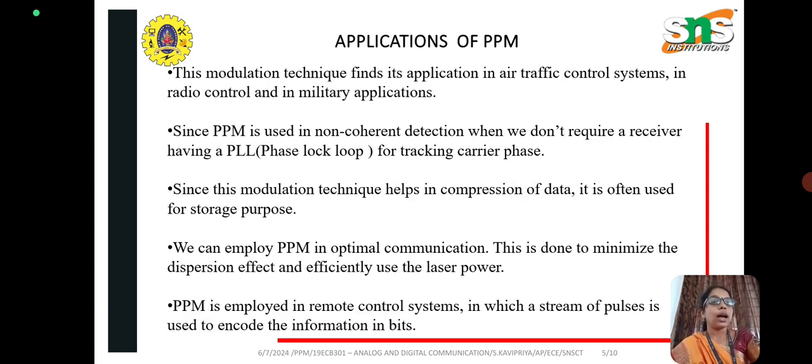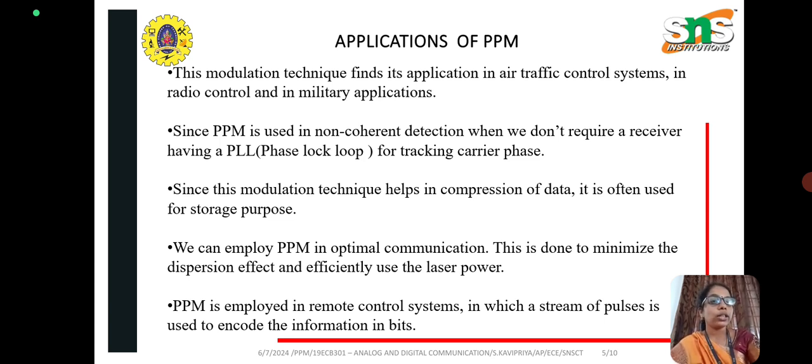And next are the applications of pulse position modulation. This modulation technique finds its application in air traffic control systems, in radio control and in military applications. Pulse position modulation is used in non-coherent detection, when we don't require the receiver to have a phase lock loop for tracking the carrier phase.